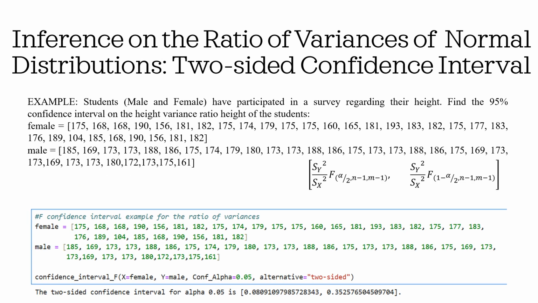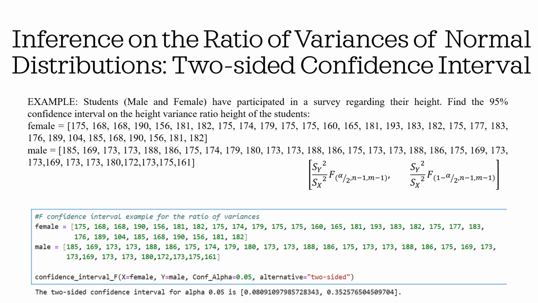Let's go over an example together. Students, male and female, have participated in a survey regarding their height. Find the 95% confidence interval on the height variance ratio of the female and male students. To build the correct confidence interval, we need to identify the parameters of interest, which seems to be the population's variances, as the question wants us to find the 95% confidence interval on the height variance ratio of the students.